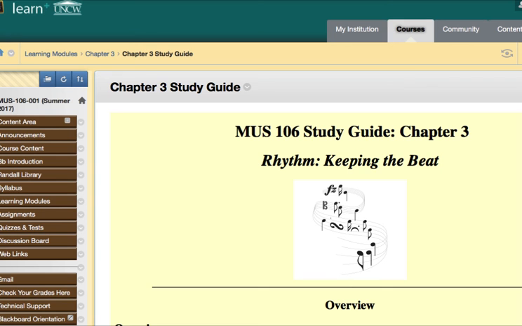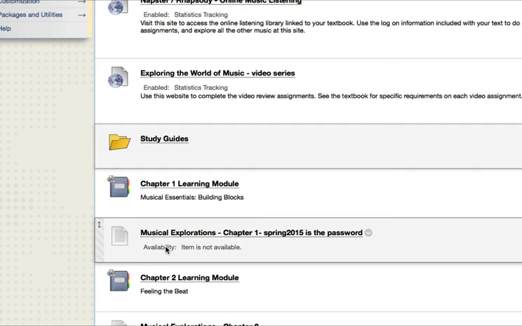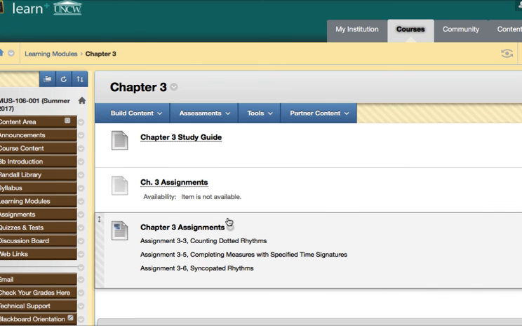And finally, we have the assignments that are listed for this particular section of this class. The assignments are 3.3, 3.5, and 3.6 to give you practice and to have you explore other ideas of rhythm. I hope you've enjoyed this exploration of further rhythmic ideas in this course, Exploring Music.